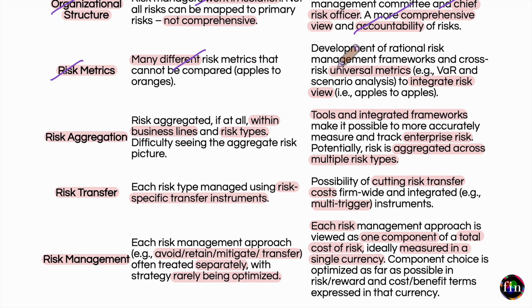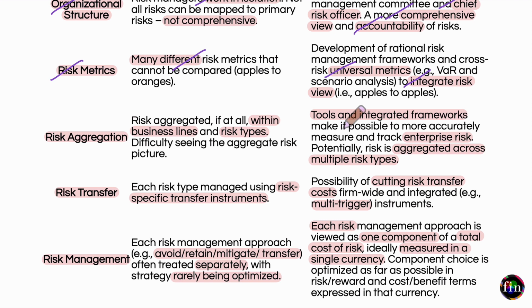Okay, when you talk about ERM, enterprise risk management, then you aim for universal risk metrics, for example VAR and scenario analysis, which can help you integrate your view of risk, which can help you arrive at a single aggregated number at the firm-wide level.